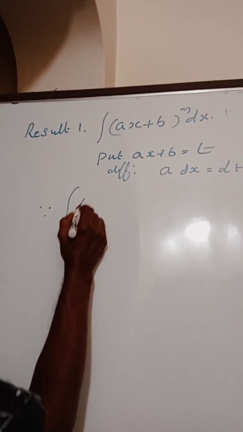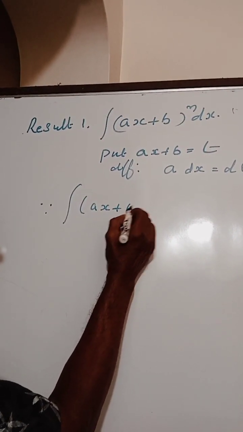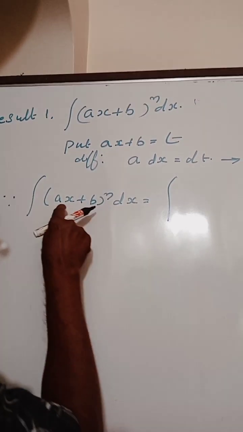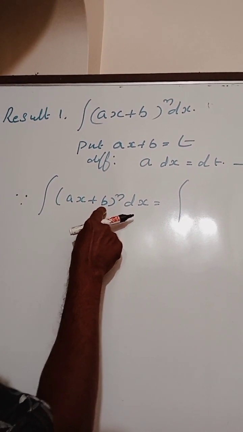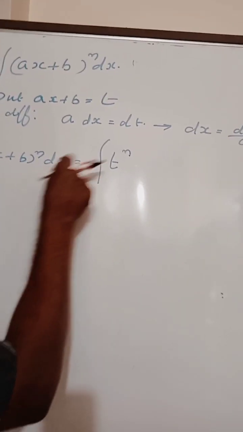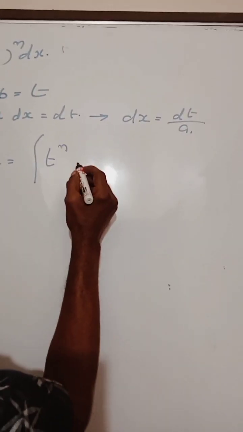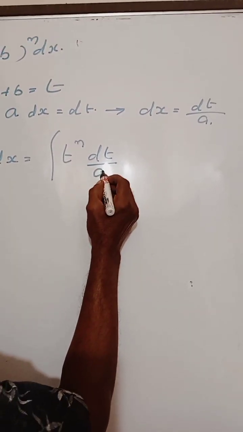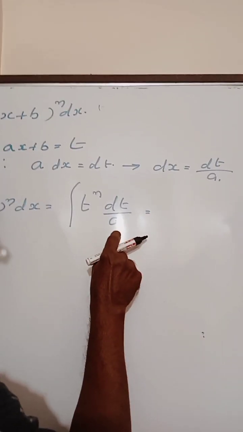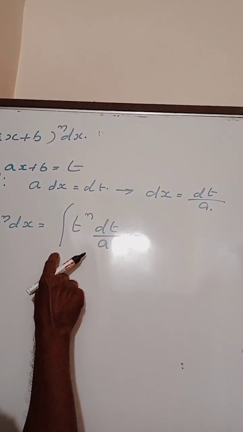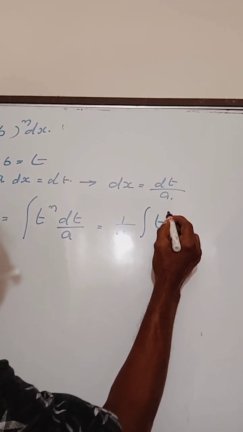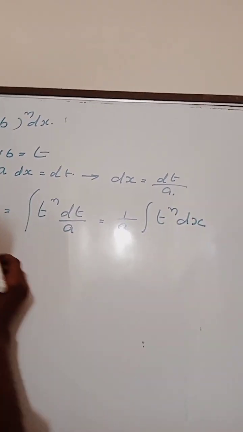Therefore, integration of ax plus b the whole raised to n dx is equal to integration of, instead of ax plus b we put t raised to n, instead of dx we can write dt by a. Since 1 by a is a constant, we can take it outside of integration. That is 1 by a into integration of t raised to n dt.